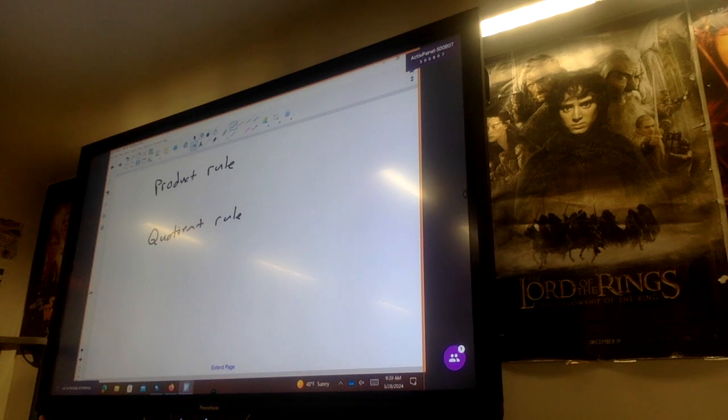Alright, so product rule would be if I had, say, y equals a times b, where a and b are some sort of equations. Our product rule is going to be y, the derivative is going to be a times the derivative of b plus a prime times b.